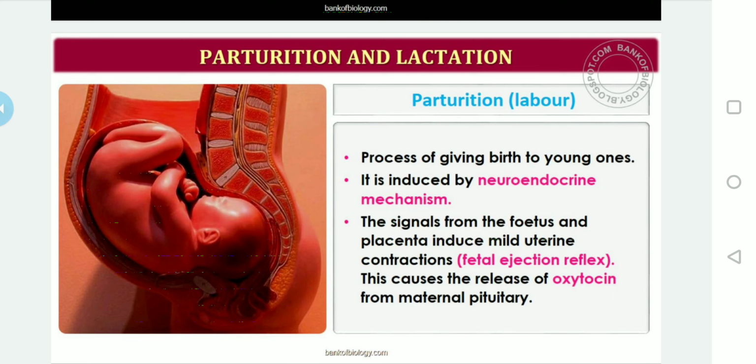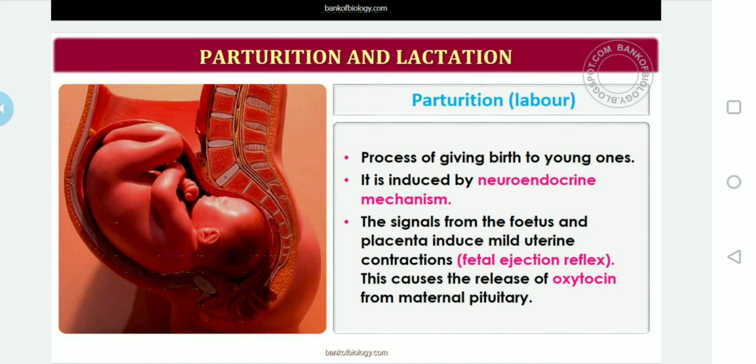Then this triggers the release of oxytocin from the maternal pituitary. So that means the number of cases you must have heard about.